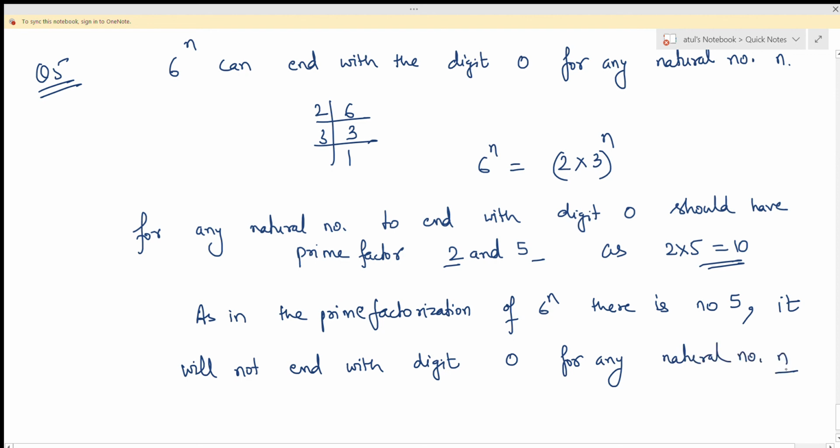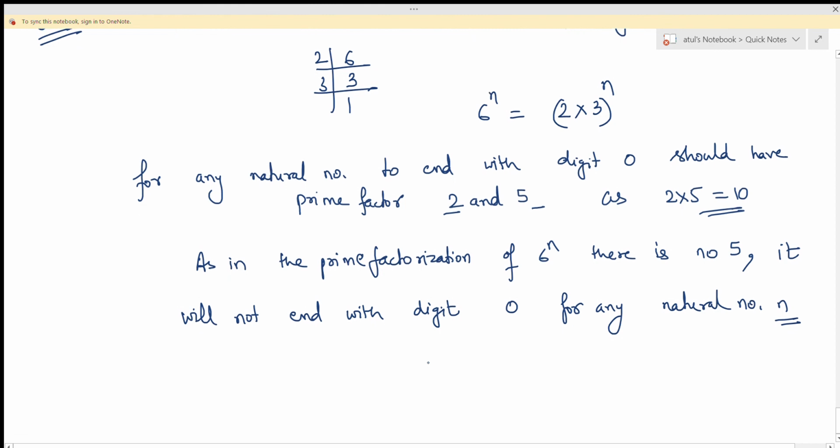For any power of 6 you consider, it will not end with a digit 0 because it does not have a prime factor 5. It should have both 2 and 5.